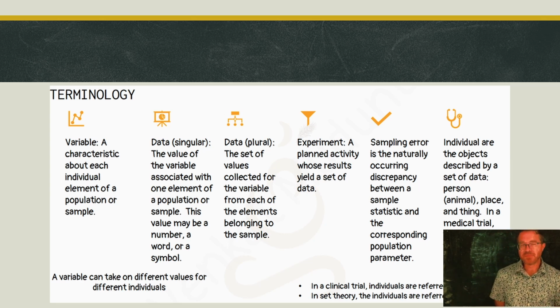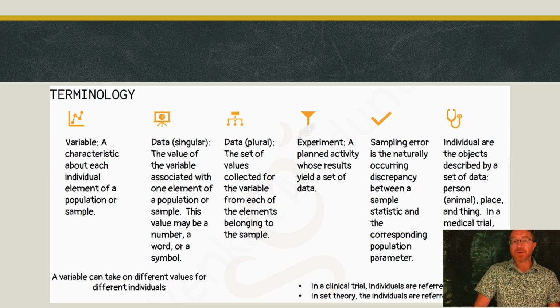Data, which again, singular of this would be datum, is a value of the variable associated with one element of a population or sample. The value may be a number, a word, or a symbol. So remember what I told you before about data being specific outcomes that we have, right? It's counts, it's measurements, it's things like that.